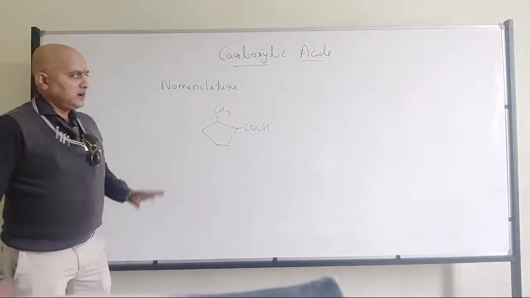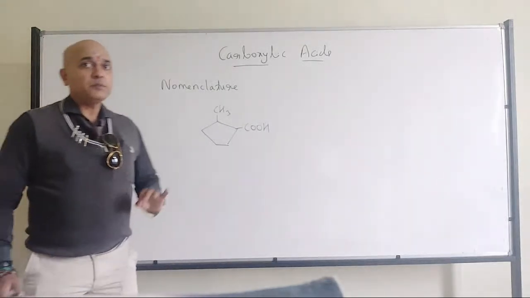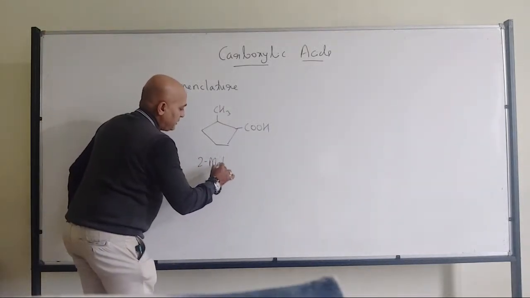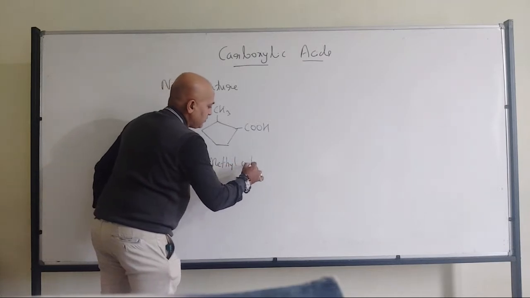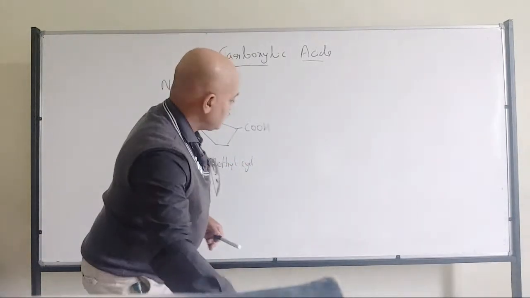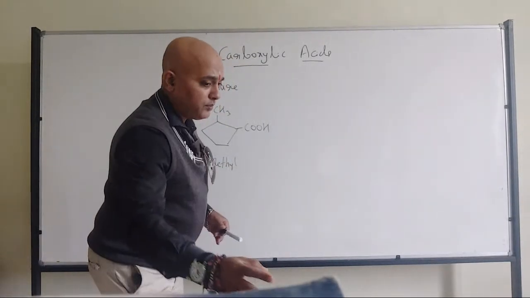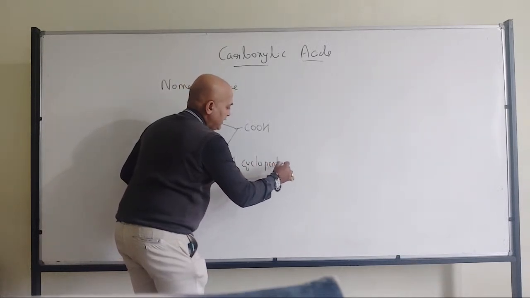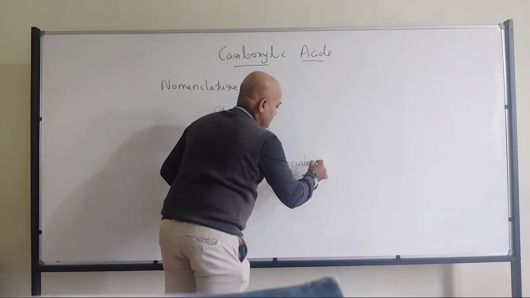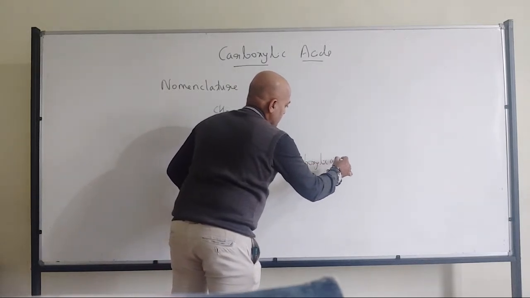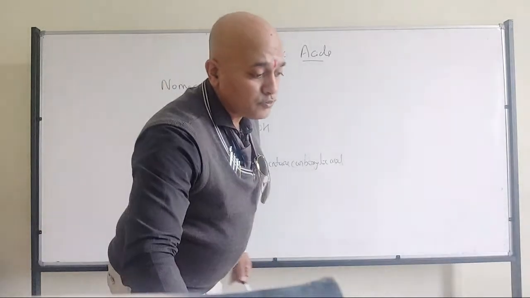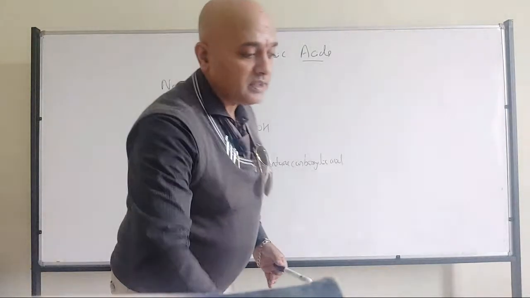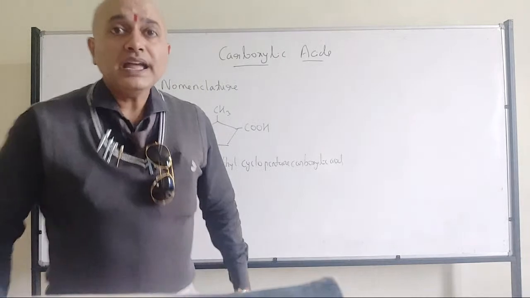Okay. I was actually expecting that one, but a more appropriate name can be 2-methyl cyclopentane carboxylic acid. 2-methyl cyclo 1, 2, 3, 4, 5. Cyclopentane carboxylic acid. Why have I written it this way?